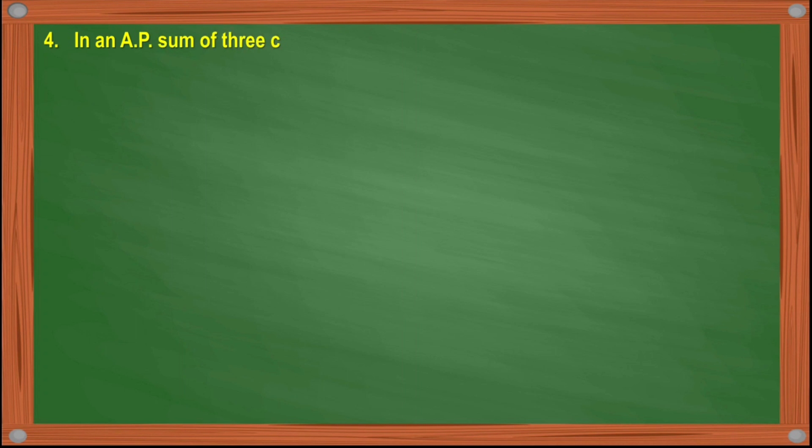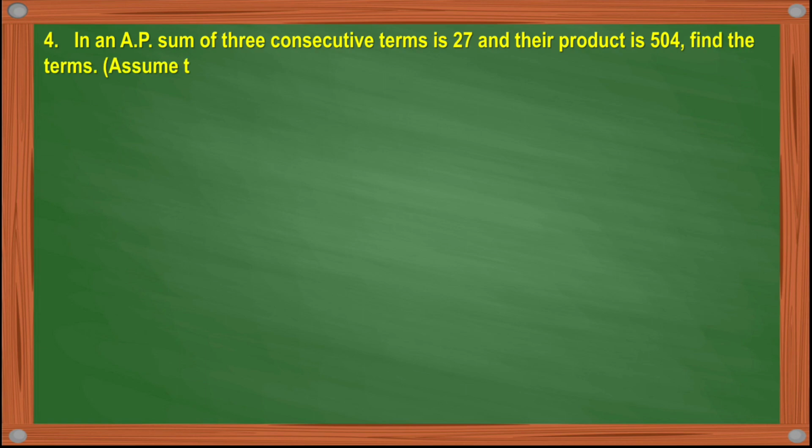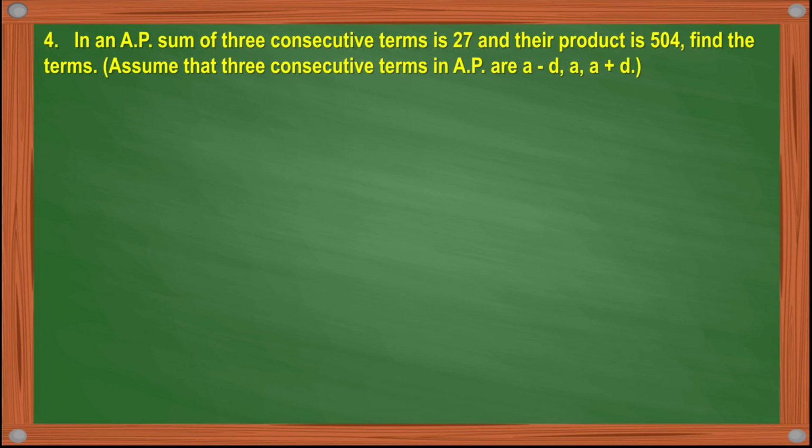In an AP, the sum of three consecutive terms is 27 and the product is 504. Find the terms. Assume that the three consecutive terms in an AP are A minus D, A and A plus D. This is a question from the practice set where I have explained that two conditions are given to find the values of A and D. So, this is an important kind of question.